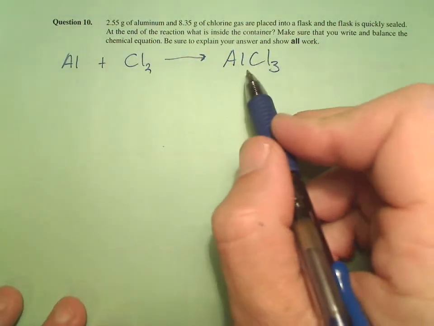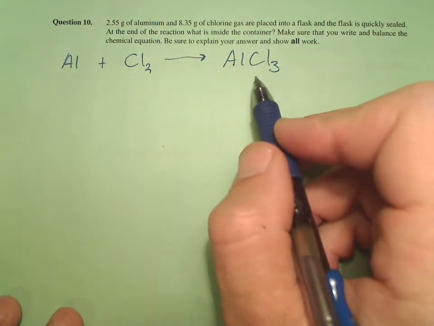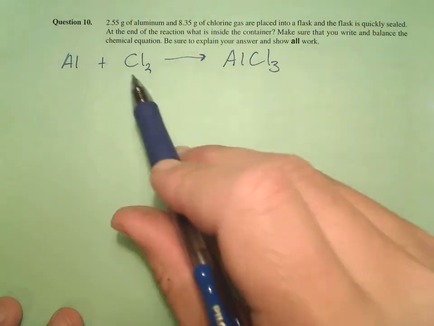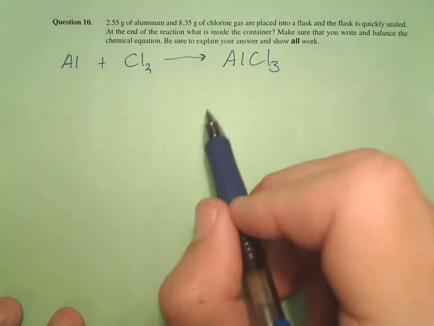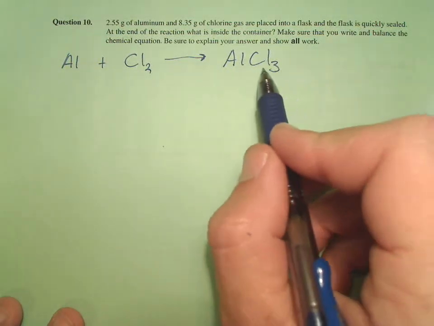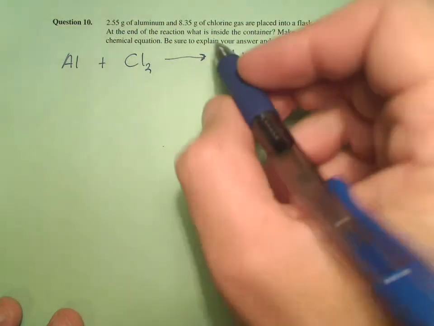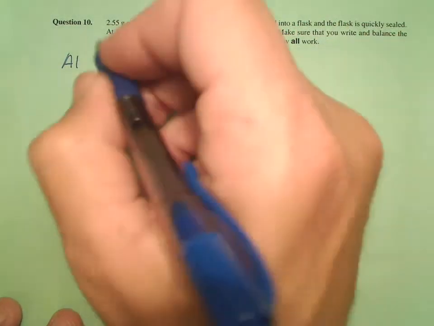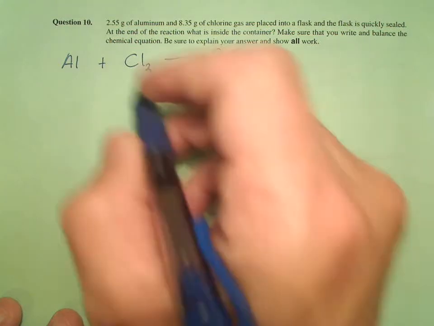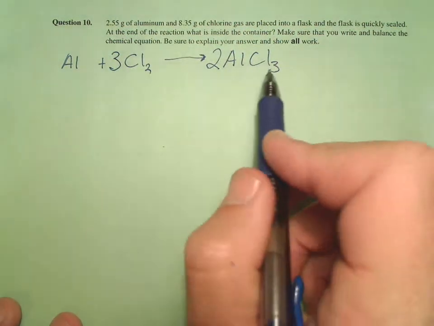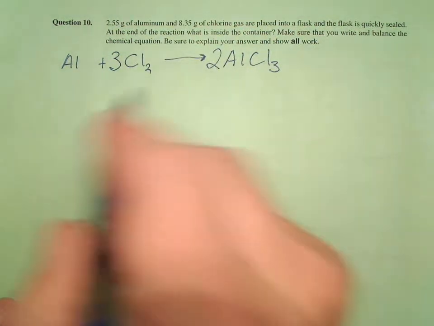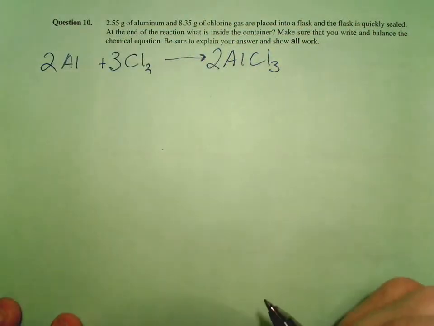Aluminum forms a +3 ion, chlorine forms a -1 ion. So whenever I start seeing 3's and 2's, I'm balancing now. Start thinking 6, so 3 chlorines, 2 chlorines. The only way I'm going to be able to do it is 6. Let's try that. So now I have 6 chlorines. That means I'm going to have to put a 3 there. So 6 and 6. That's good. 2 aluminums, fix the aluminums.